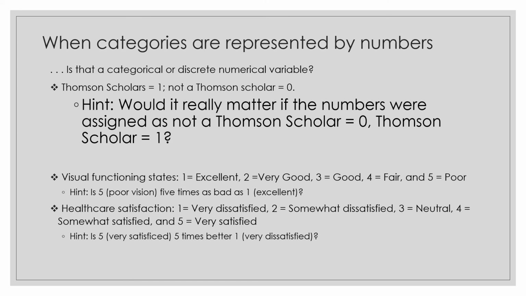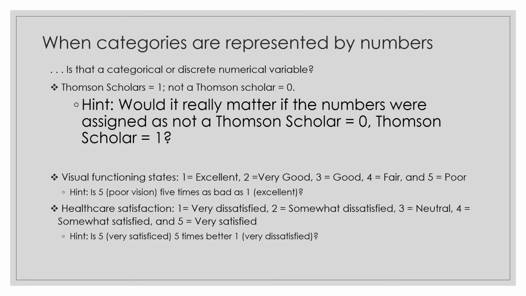Okay, many times when you design a survey, when you write the survey questions, when you collect data on a group of people, we often assign numbers to represent different categories. And these numbers represented by categories can either be a categorical or discrete numerical variable.